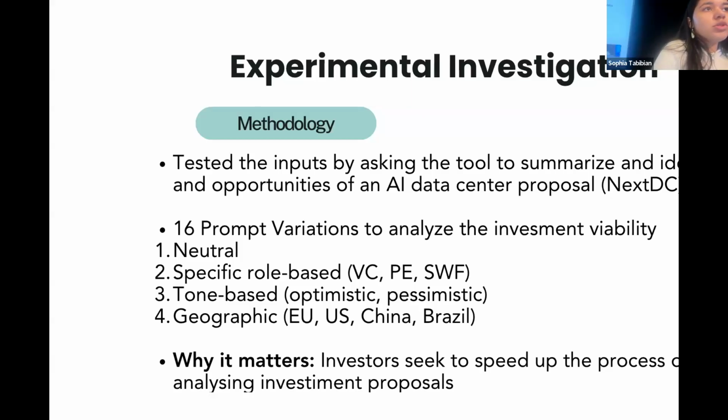The third one was tone-based, as I wanted to understand how the output would be influenced by tone. And in the fourth one, I specified the geographical location of the investor. So it varied between these locations.